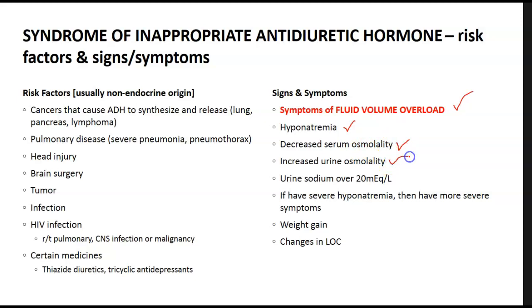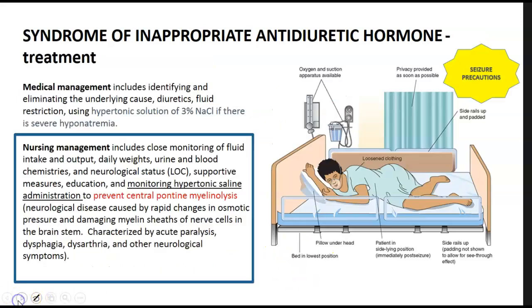Increase urine osmolarity. Urine sodium over 20 milliequivalents. If the patient has severe hyponatremia, they might have more severe symptoms. So if that's the case, they probably should be on seizure precautions. Weight gain and change in their level of consciousness. Treatments, seizure precautions.